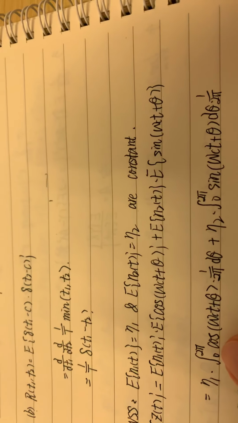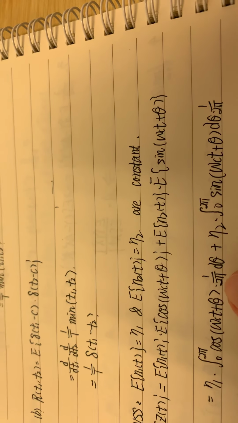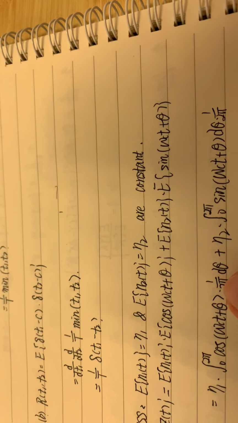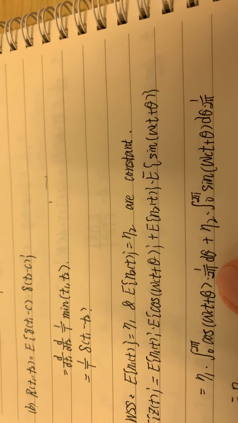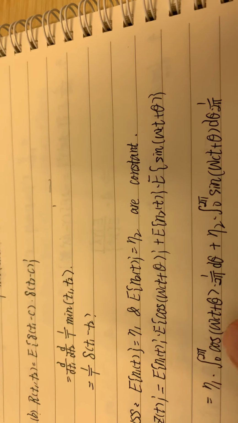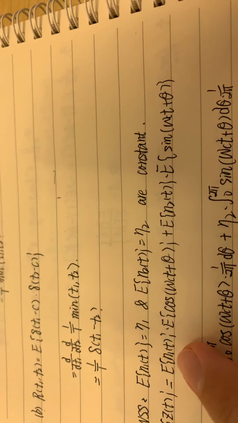So that's the integral of cosine(omega t plus theta) from 0 to 2 pi d theta, and it's quite simple because we find the result is 0, and the expectation for N1(t) is eta 1.